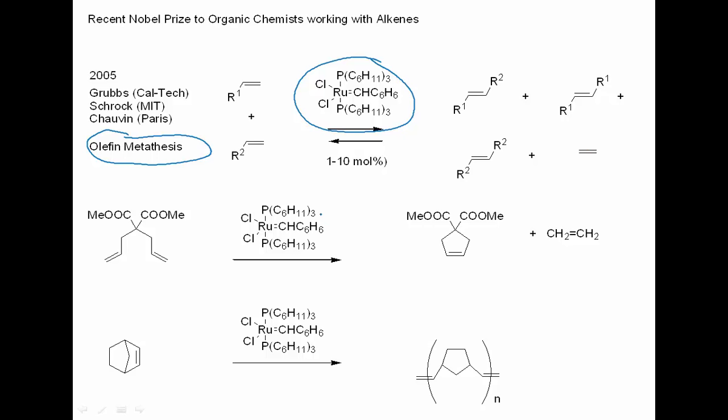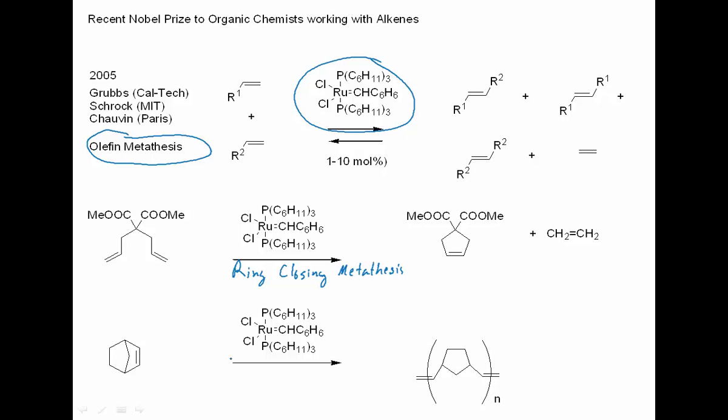In this process here, called ring closing metathesis, it's driven by the formation of a nice stable 5 or 6 membered ring and the formation of a gaseous byproduct which goes out of the system and uses Le Chatelier's principle to drive the reaction to equilibrium.